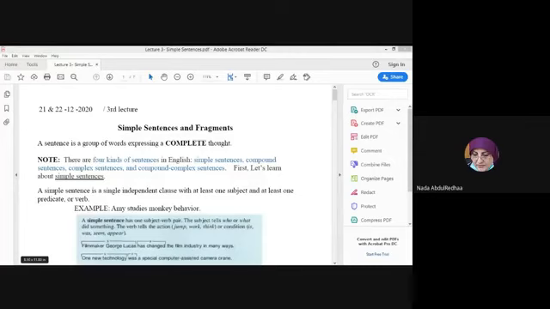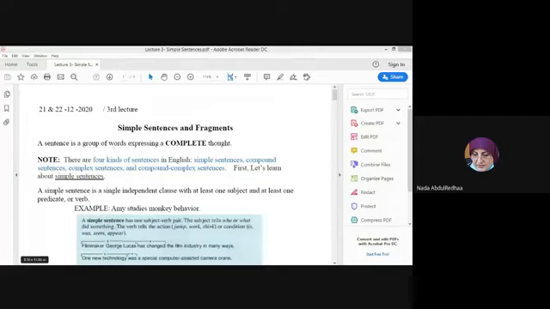Only the simple sentences, and what is meant by fragments, and how you can decide, or how you can differentiate between the two, the sentence and the fragment. Also, how you can differentiate between the sentences, all of them, by knowing the clauses.